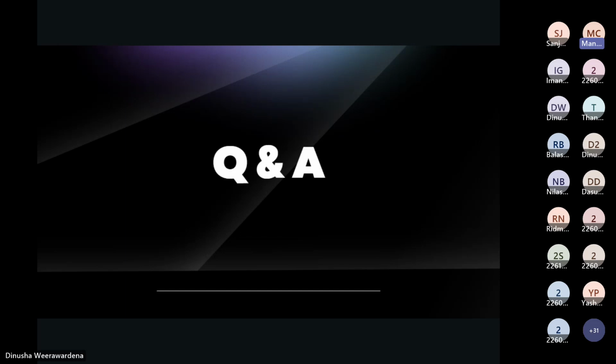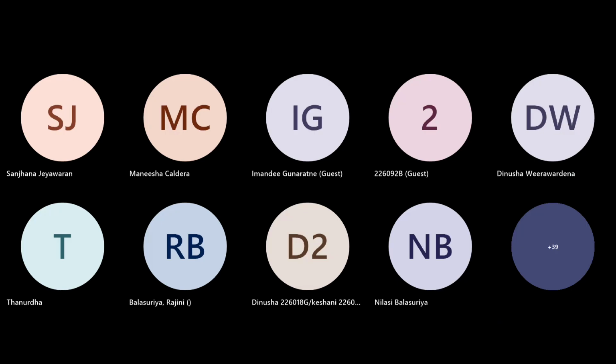One is a Telegram group, and the other one is the attendance sheet. Could you please check whether you have access to these two or not? Yes, sir. All right. Good.